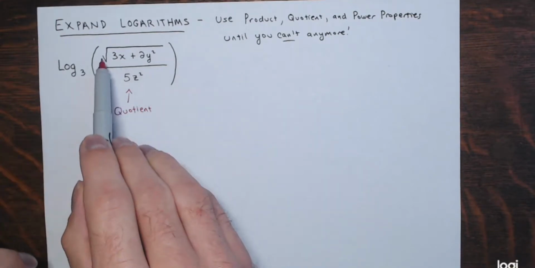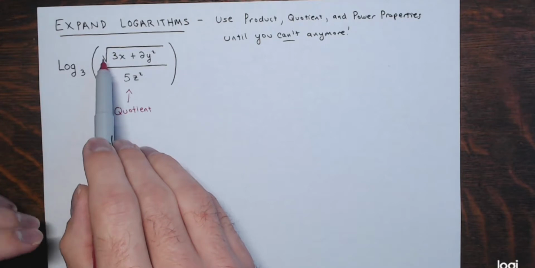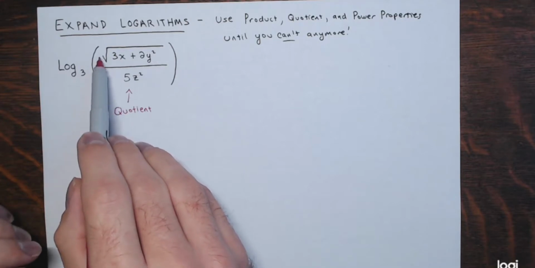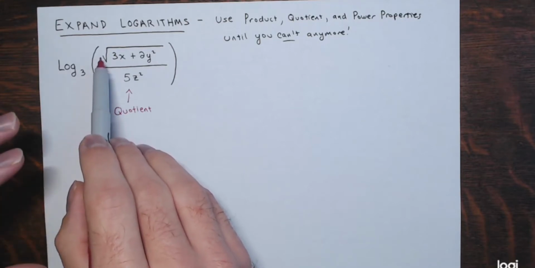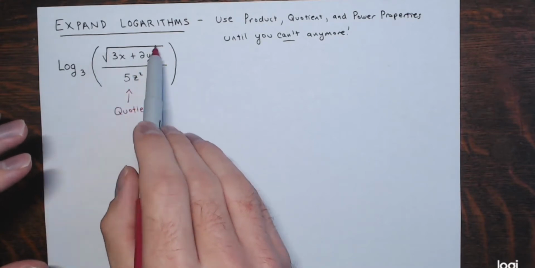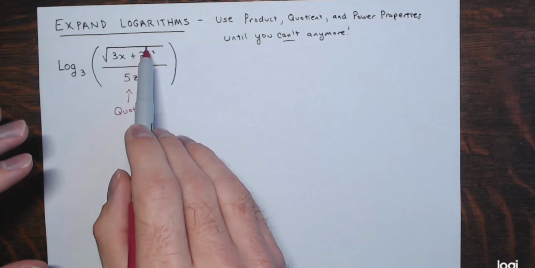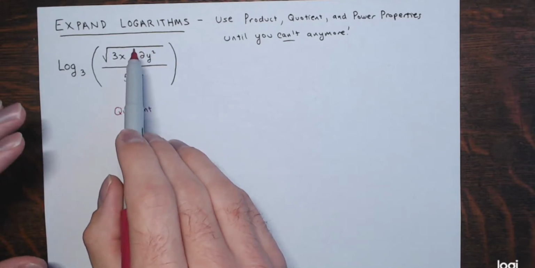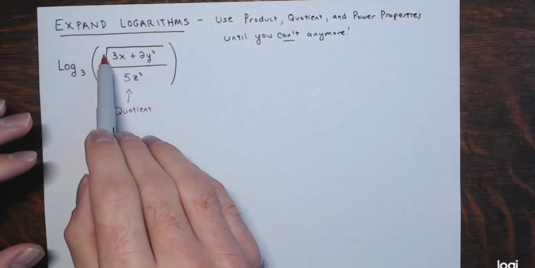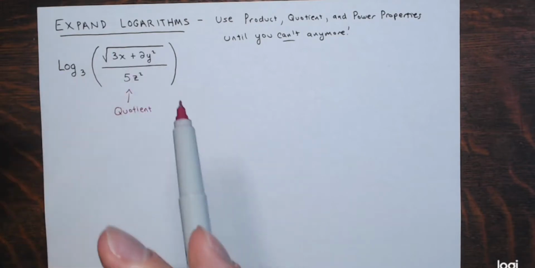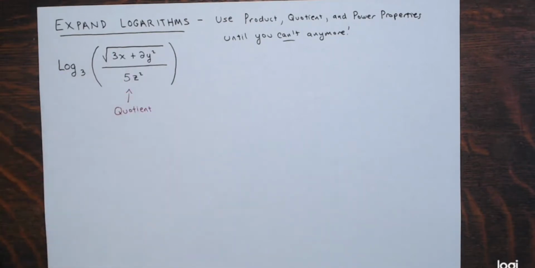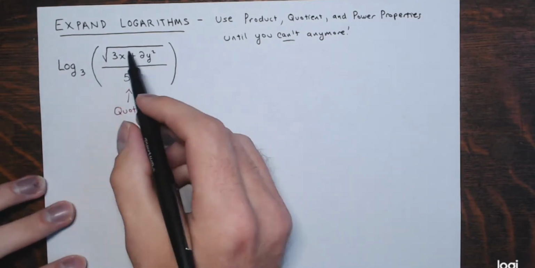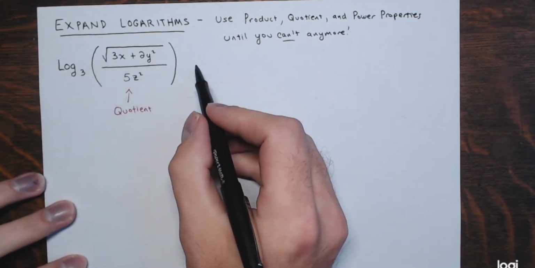And something I like doing, and you're going to have to do as well, and you saw this in section 10.4 part 1 too: when you see roots, when you see radical symbols, remember, those are powers. The square root is really the 1/2 power. The cube root is really the 1/3 power. So I'm going to start rewriting that as a power.